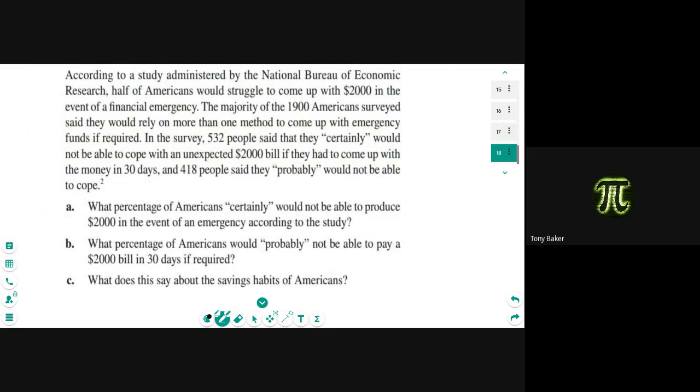All right, last problem. What percentage of Americans certainly would not be able to produce $2,000 in the event of an emergency, according to the study?